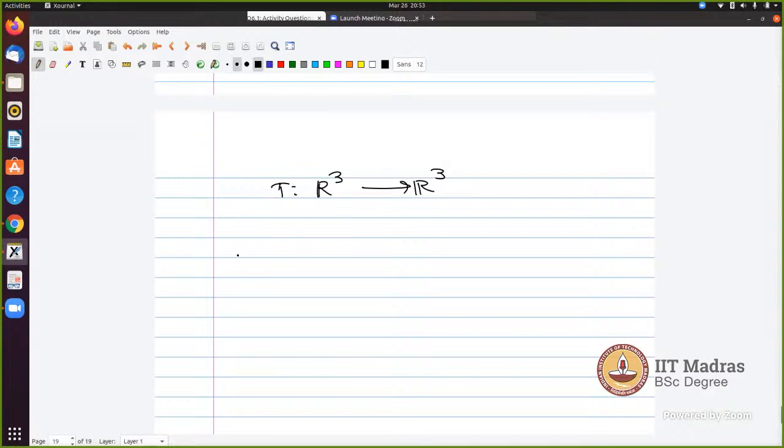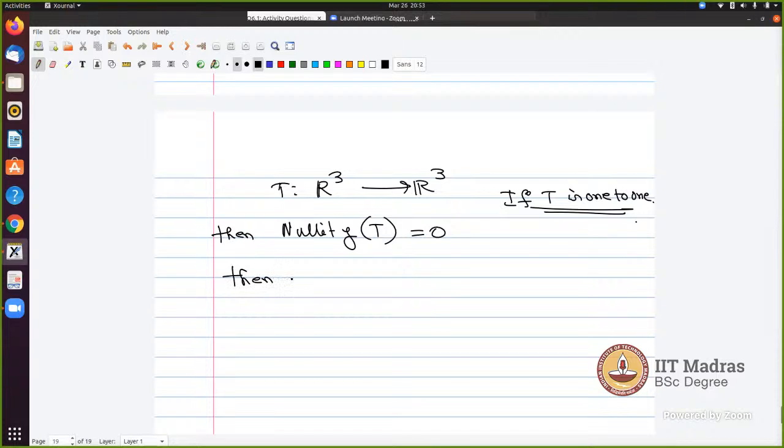You have to check the nullity of T. If T is 1 to 1, the nullity of T is 0, right? Then rank is the dimension of V, that means dimension of R3, that is 3, from the rank-nullity theorem.